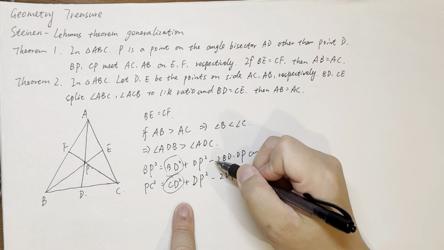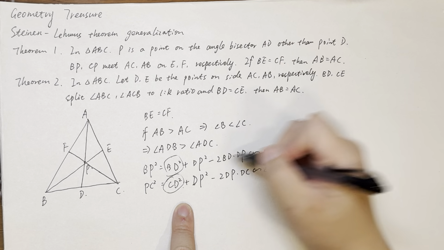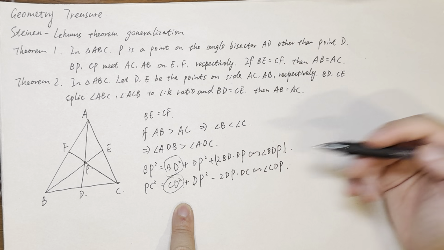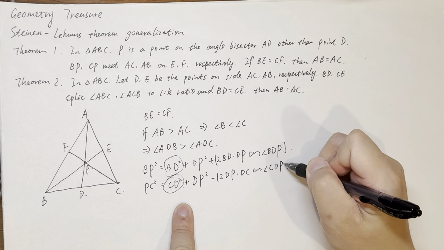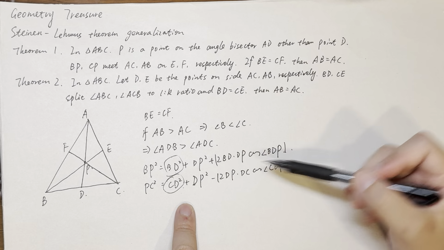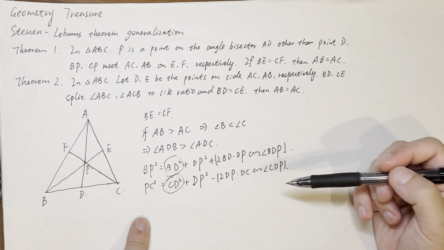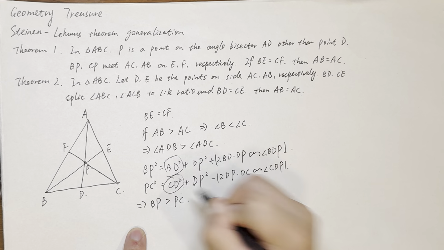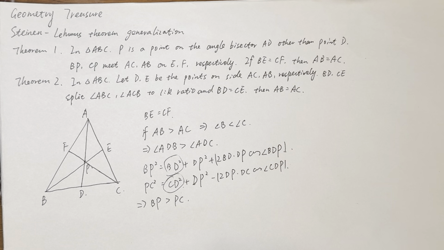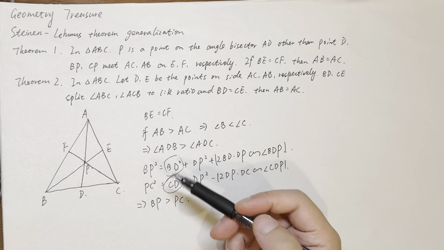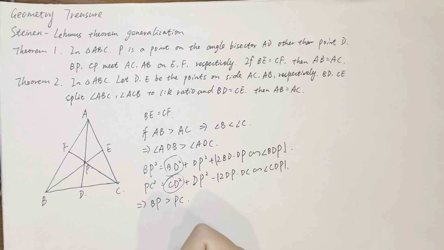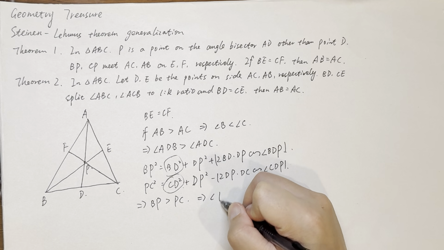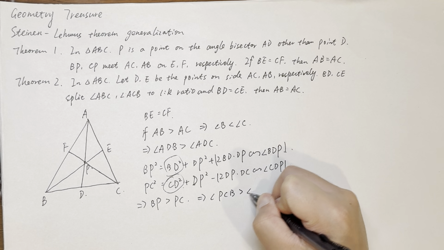That is saying, if we use the absolute value here, this would be a plus sign, right? For this one, we can use the absolute value, it's the same thing. Then we know that BP is larger than PC, which means angle PCB is larger than angle PBC, right?